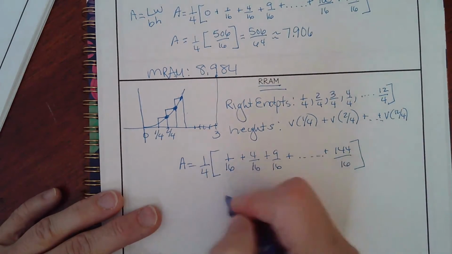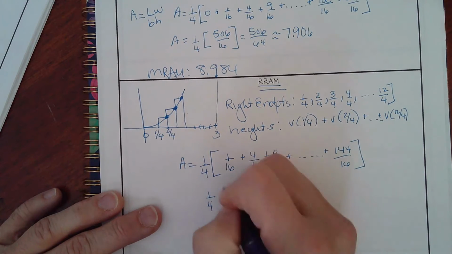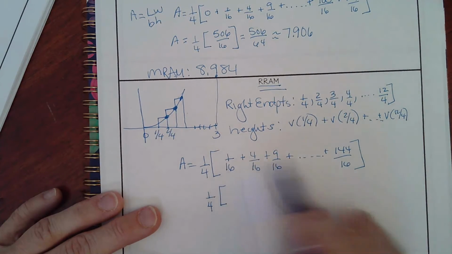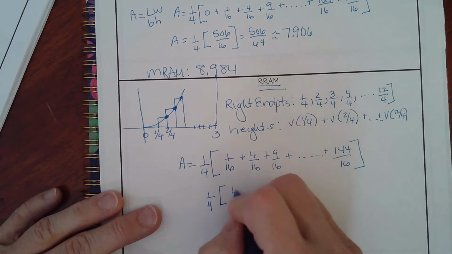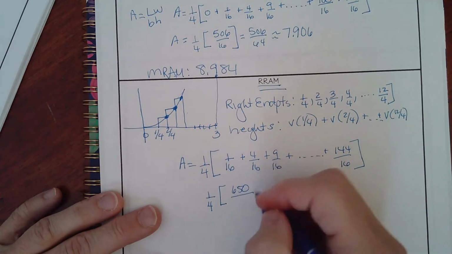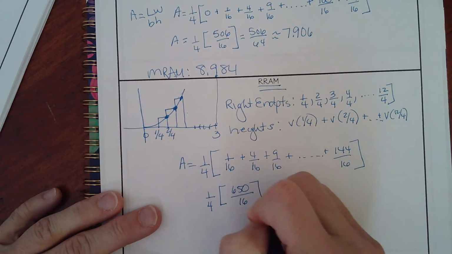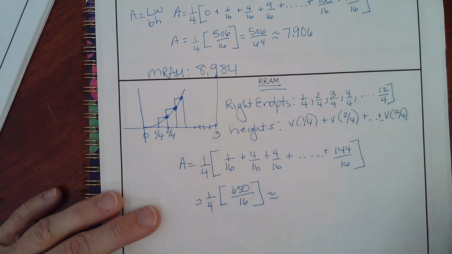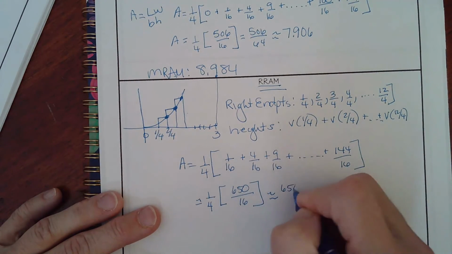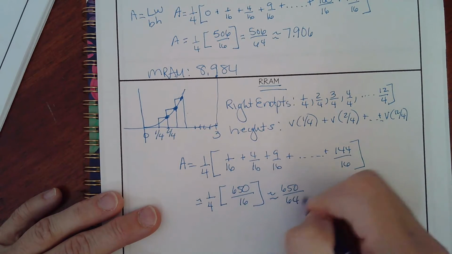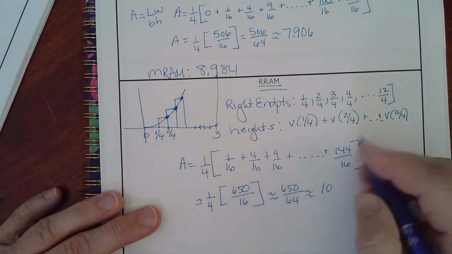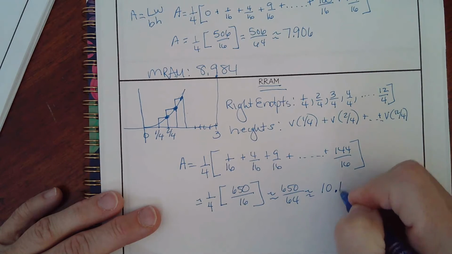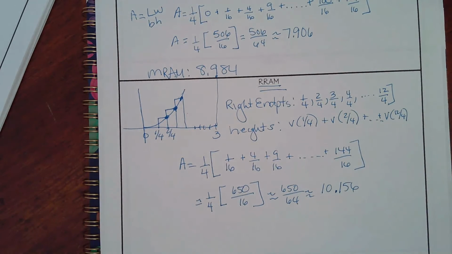And so when we clean this up, we get 1/4 times 650 over 16, which is going to be approximately 650 over 64, which is then going to give us 10.156.